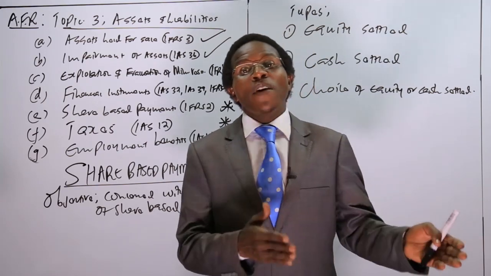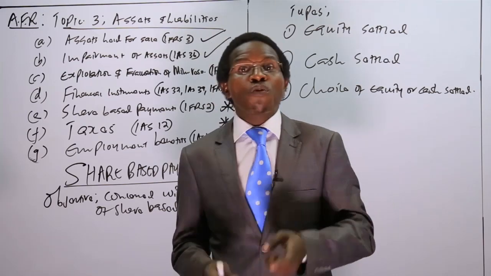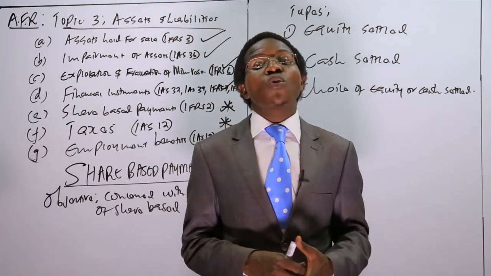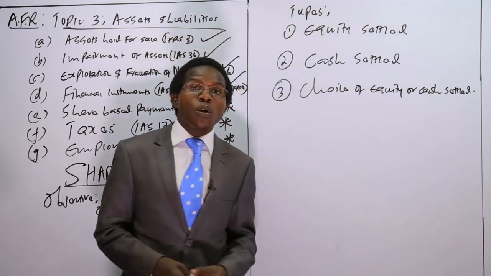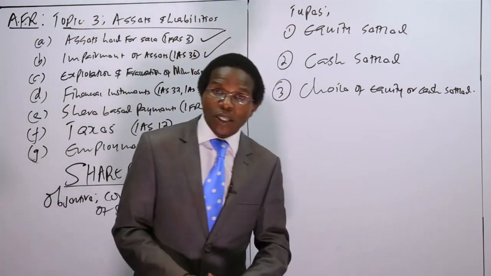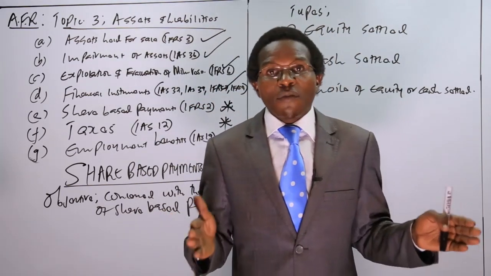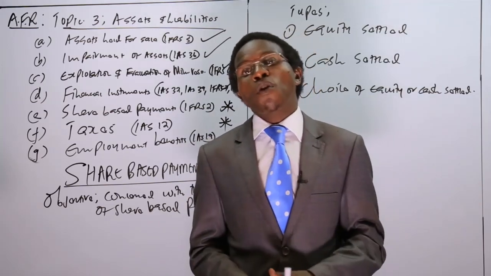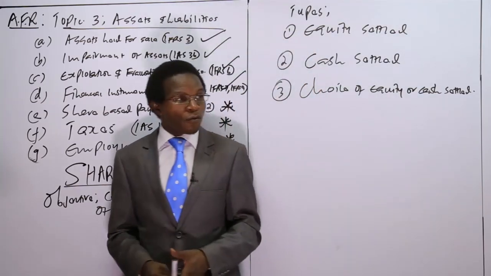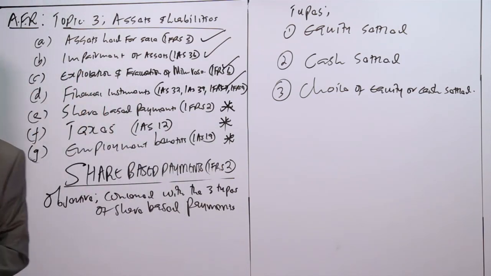We have also vesting conditions. These are conditions that must be achieved for this employee to have the vesting status. We also have the vesting period. Vesting period, friends, is the period during which the vesting conditions must be fulfilled for the employee to benefit from the vesting status.